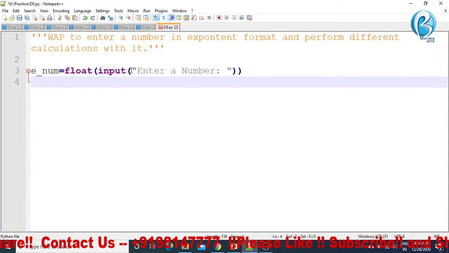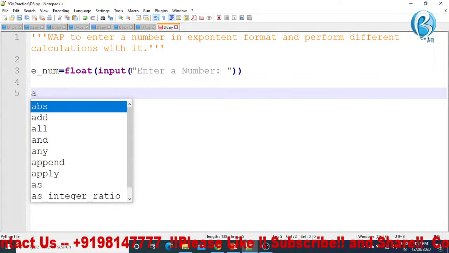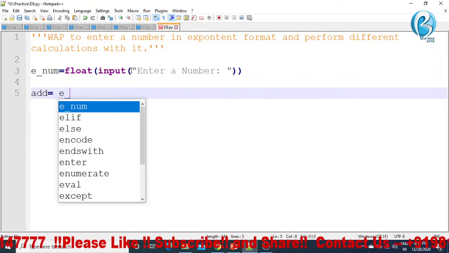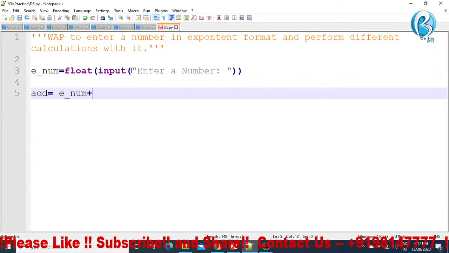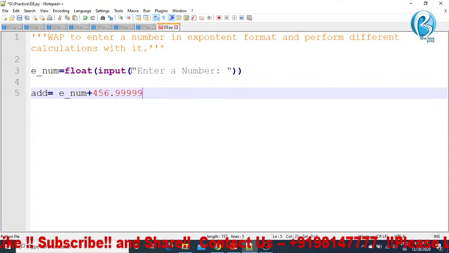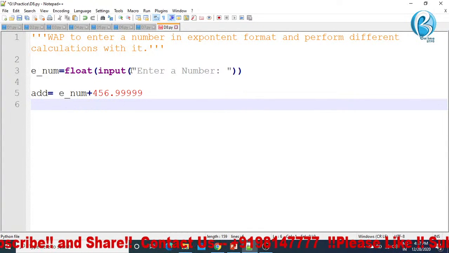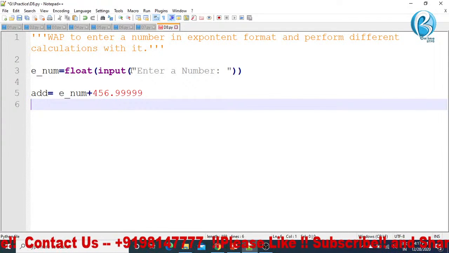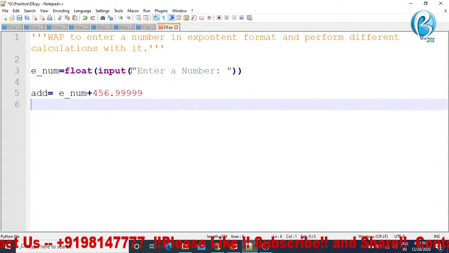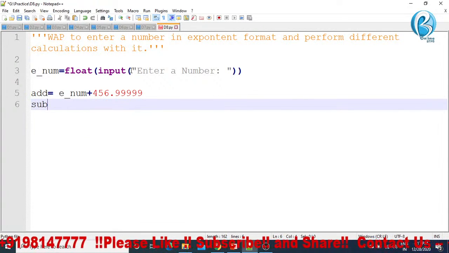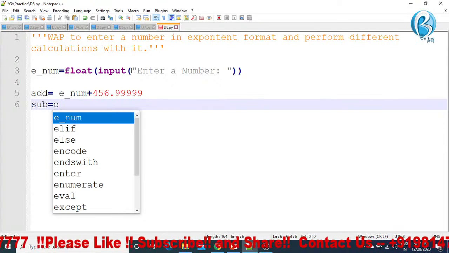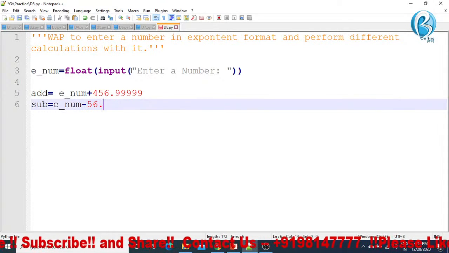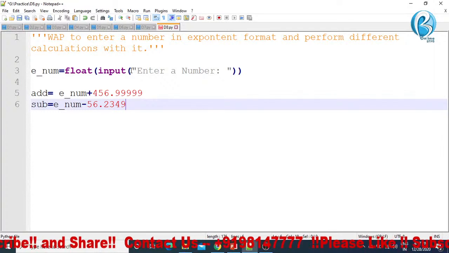So next we can make calculations like addition. So e_num plus 456.999. We can do this, right? Different calculations are what? Arithmetic operations: addition, subtraction, multiplication, division, right? So next is subtraction, equal e_num minus 56.23498.